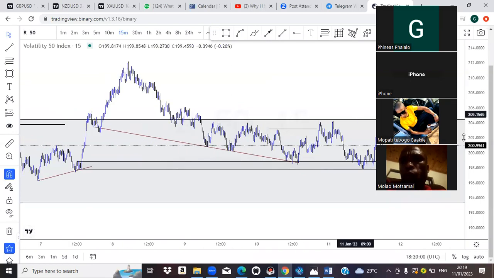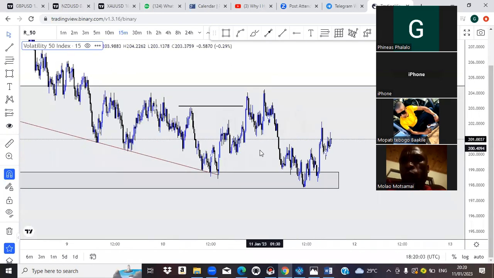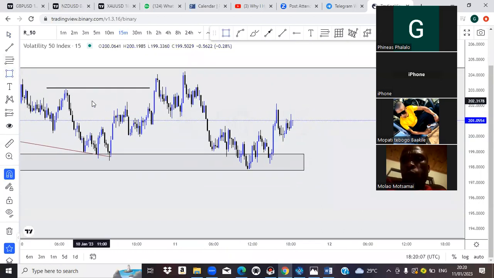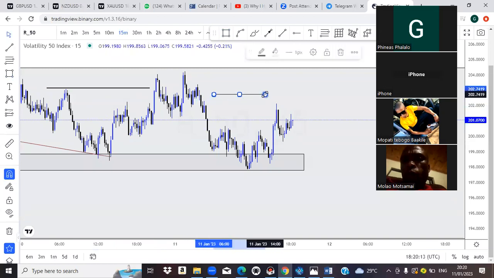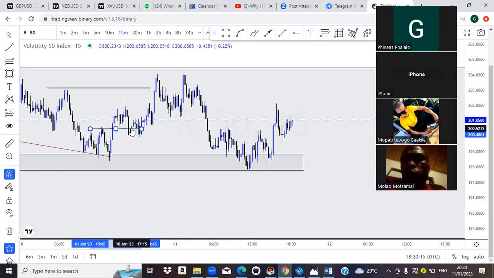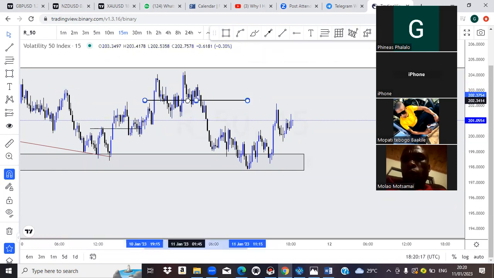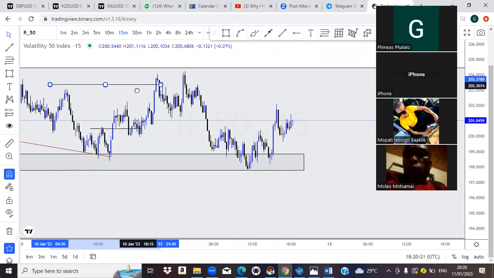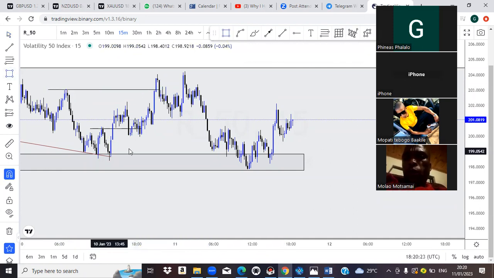In the 15 minutes time frame, we have change of character here. If we have change of character in the 15 minutes time frame, that is a break of mega structure, and then we have the smaller SH.